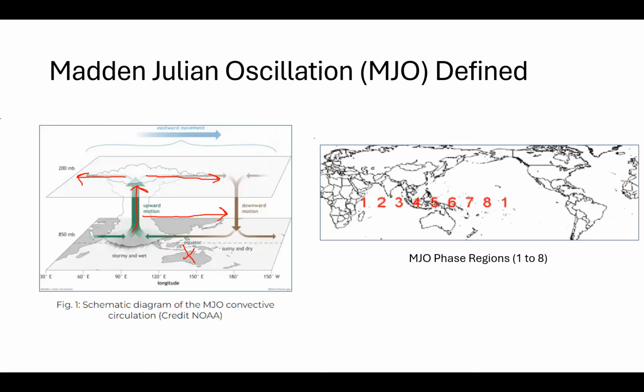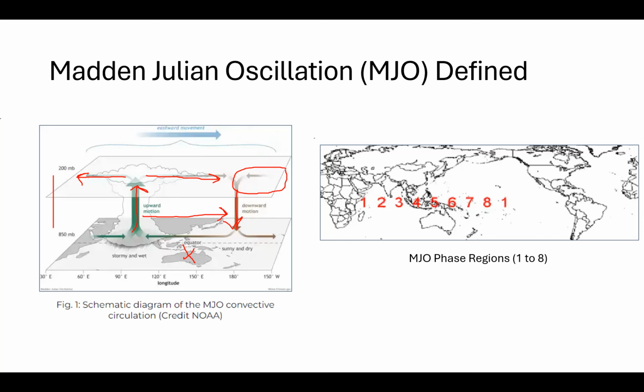And that is going to alter the weather pattern downstream into the Pacific, into the west coast of the United States, and can even result in jet stream configurations that favor colder temperatures in the eastern U.S.